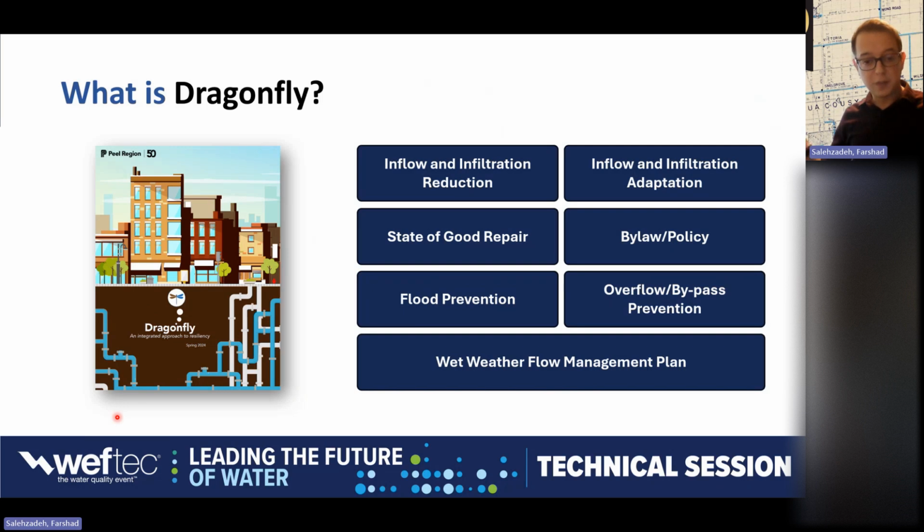Before we get into the details of that, I also want to explain why we called it Dragonfly. You see a lot of technical terms on the screen, and engineers are known to come up with abbreviations of 6, 8, 4 letters, including 2 W's, 3 S's, and whatnot. We didn't want to do that. We didn't want to invent a new abbreviation that no one relates to. Hence, we picked the name Dragonfly. So why Dragonfly of all the possibilities? Because dragonflies do exhibit traits that are very similar to what water and wastewater people are.